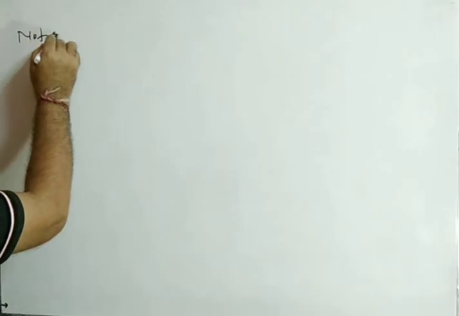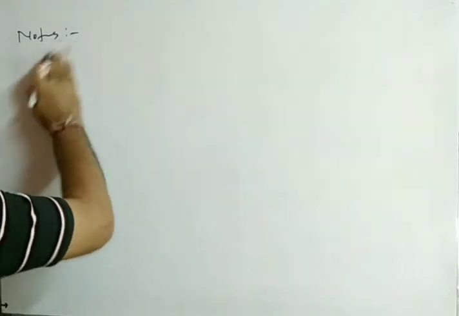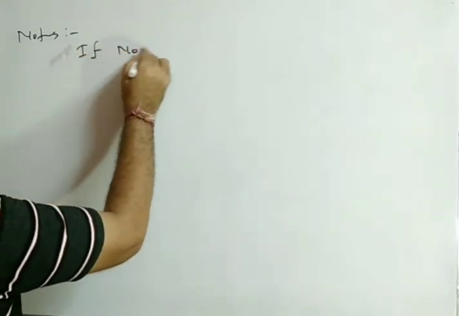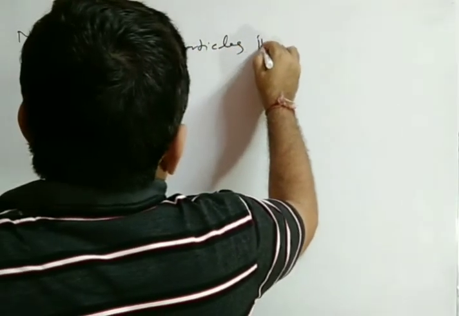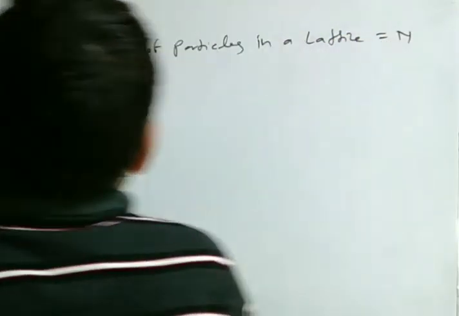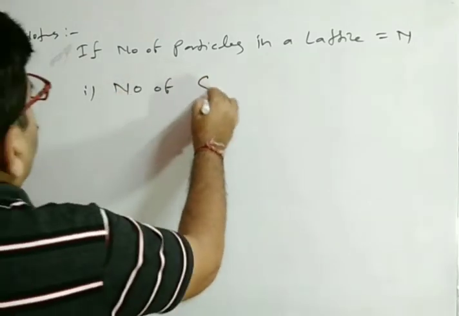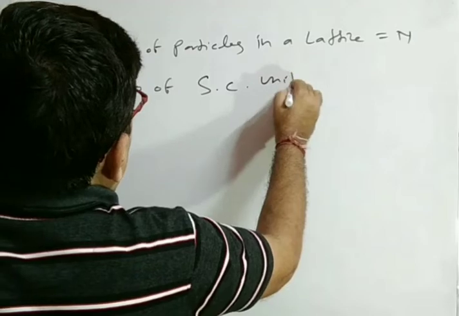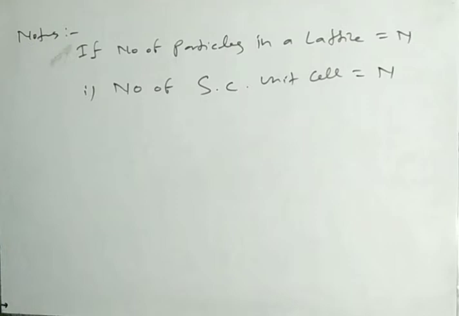Always remember some important points. Notes number 1. We can say if number of particles in a lattice is equal to N, then number of simple cubic unit cell is equal to what? N. SC means simple cubic.